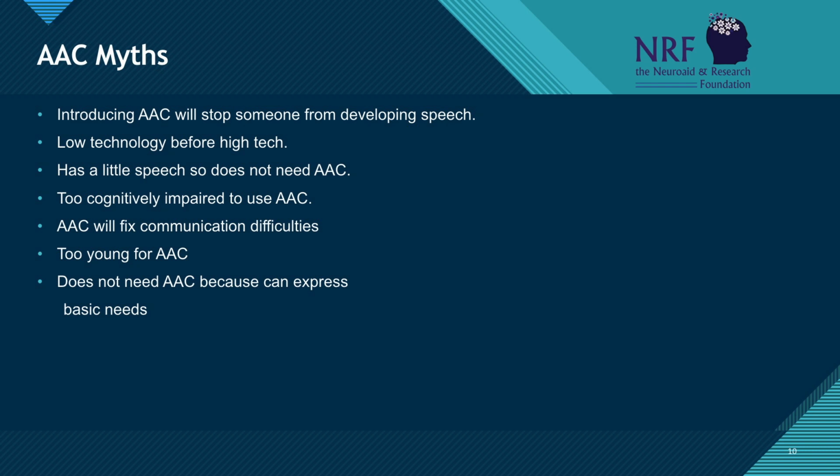Too young for AAC. When a child starts babbling, cooing, starts maintaining eye contact, that is when the communication has already begun. There is no age for AAC. Does not need AAC because can express basic needs. Our communication does not just stop at basic needs. A lot of people want to communicate much more than their day-to-day functional needs.